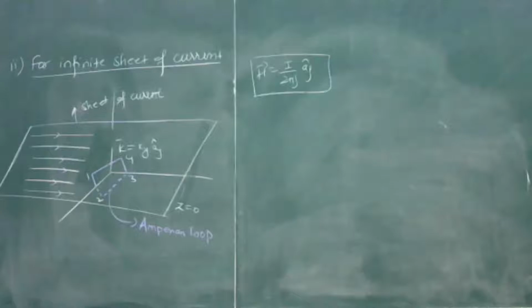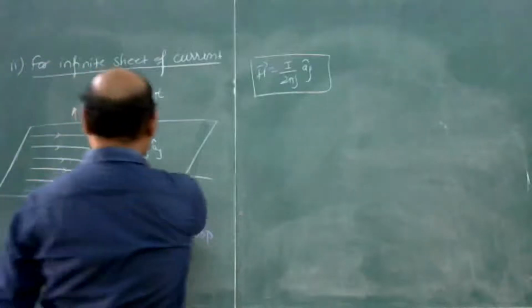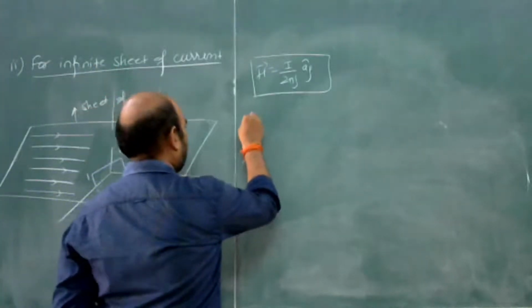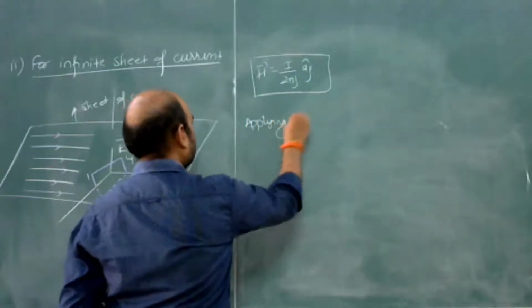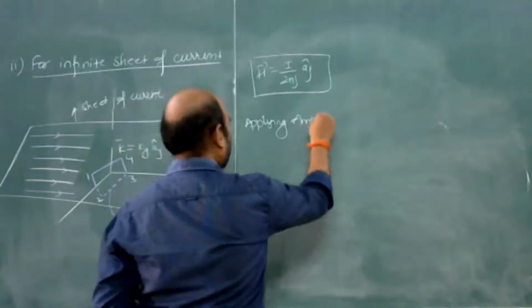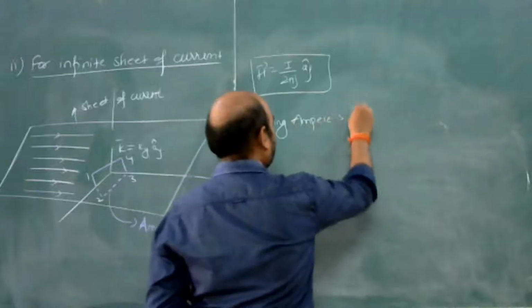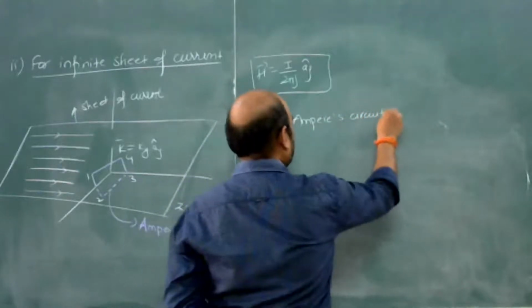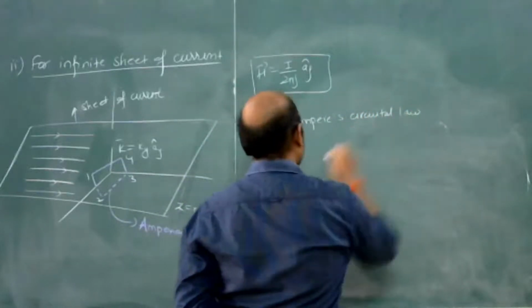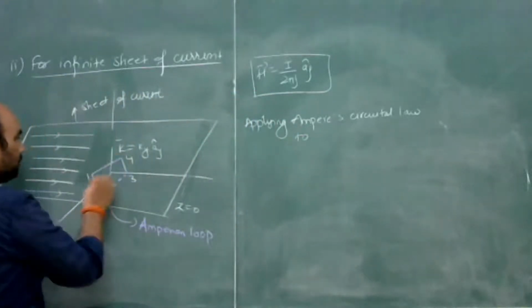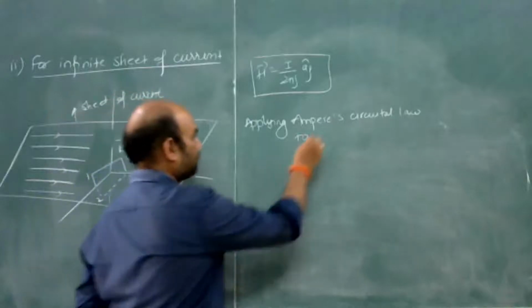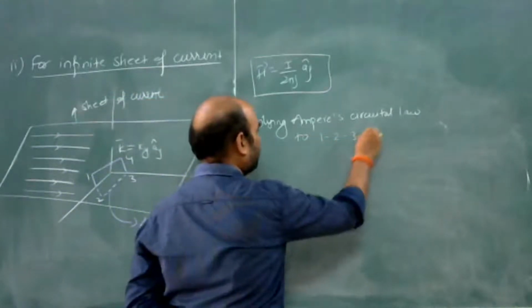Now we will apply Ampere's circuital law to this Amperian loop, this closed path. There is 1, 2, 3, 4 and again.